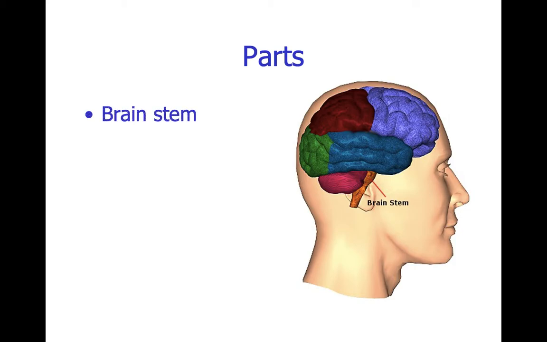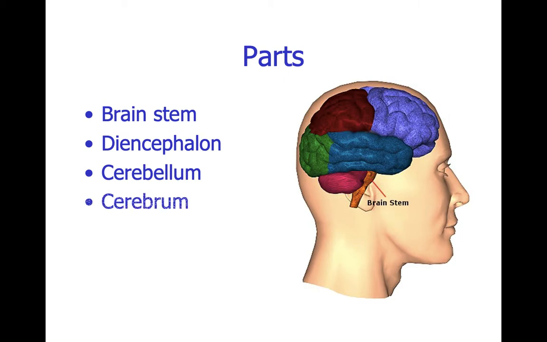So the four main parts are the brainstem, the diencephalon, the cerebellum, right? Most of you probably have never heard of those. The ones that we focus on, and if you've taken a psych class, you really have focused on, is the cerebrum, that wrinkly part, because that's quote unquote most important to human beings.